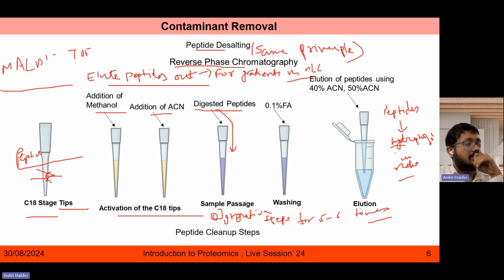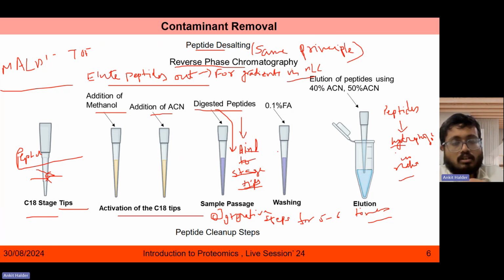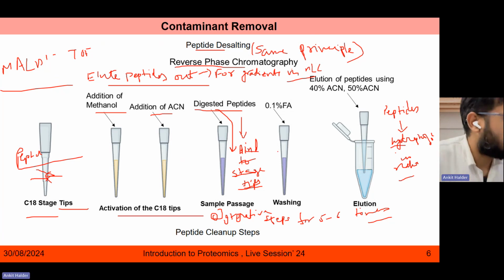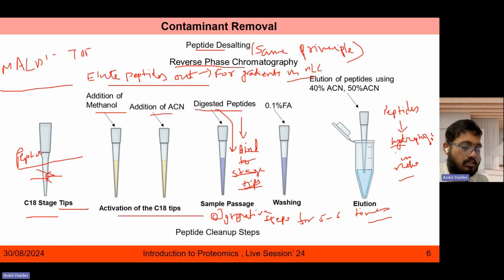So that our digested peptides bind to the stage tips, while the remaining salts are discarded out.